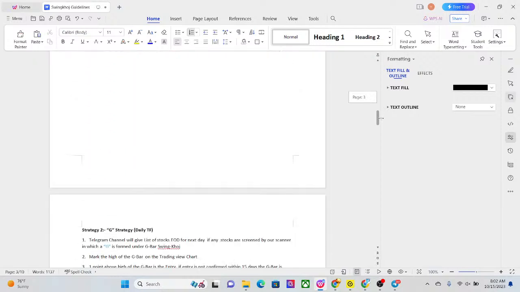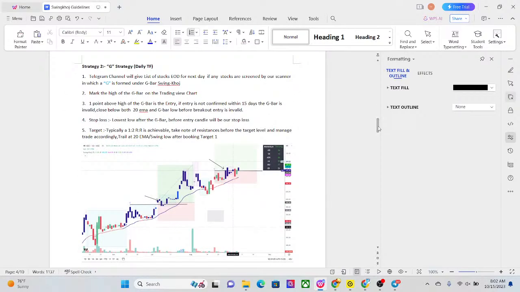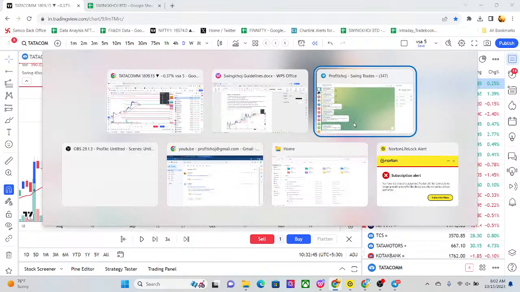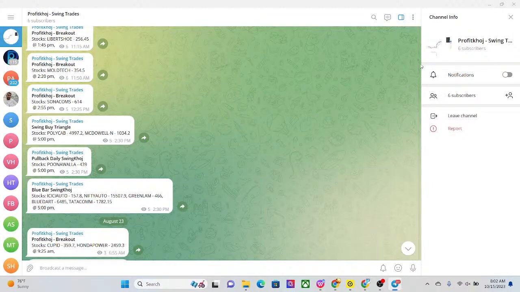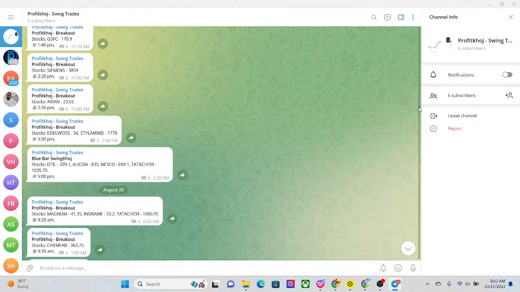This is another example. So this is a G bar strategy. Let's look at any stock from the scanner.